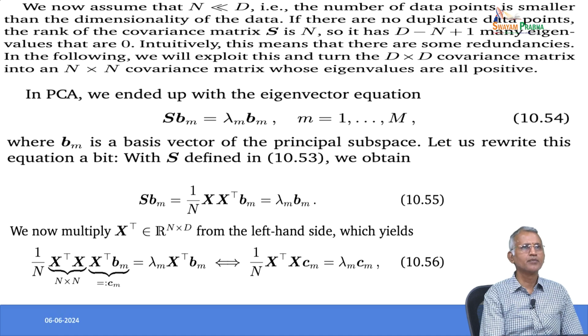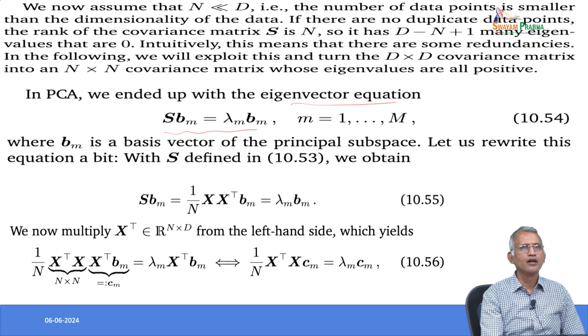In principal component analysis, we end up with the eigenvector equation S b_m = lambda_m b_m, where b_m is a basis vector of the principal subspace, and the eigenvalues are to be determined, with m = 1 to M. Once you get the eigenvalue, you find the eigenvector.